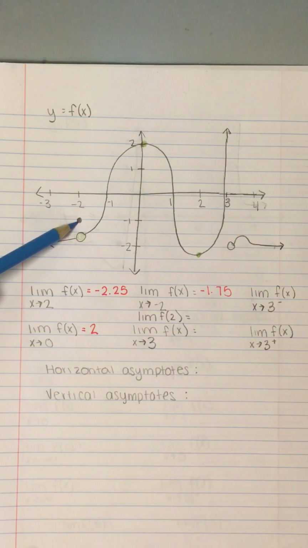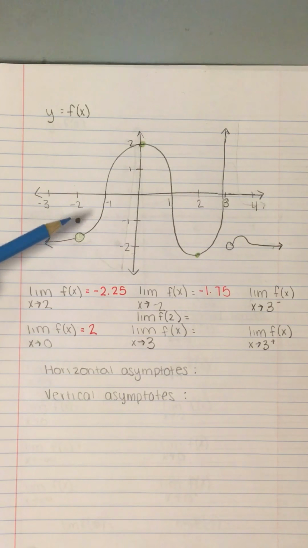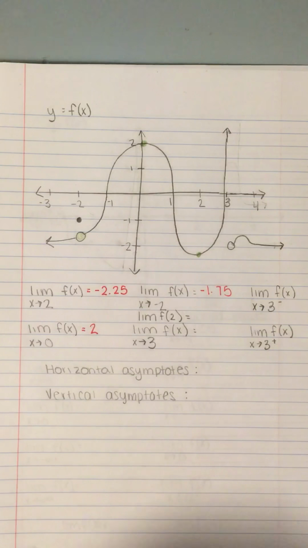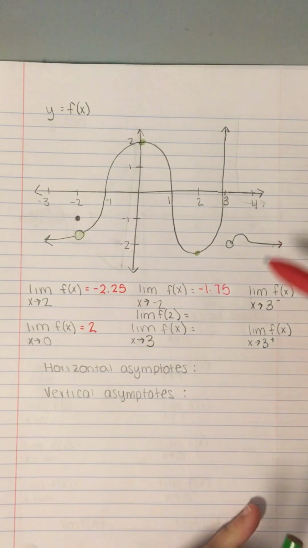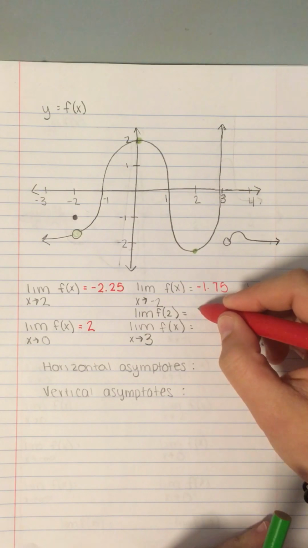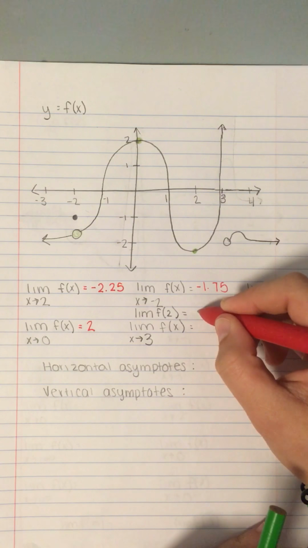So therefore, it would be equal to negative 1. So f of negative 2 equals negative 1, but the limit as x approaches negative 2 would be this negative 1.75. So one more time, f of negative 2 would be negative 1.